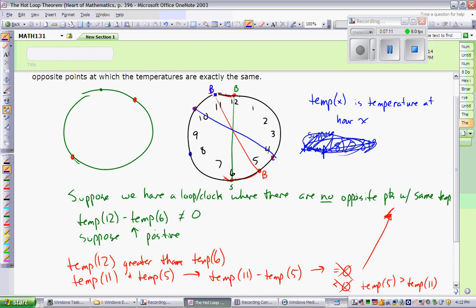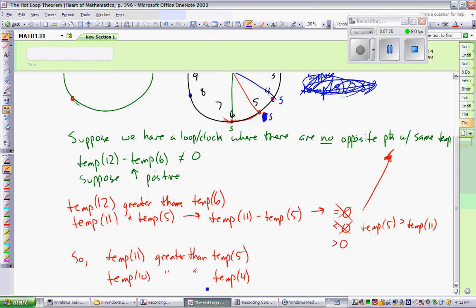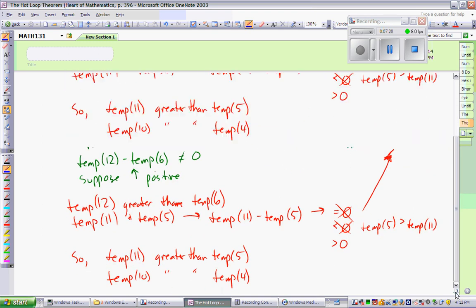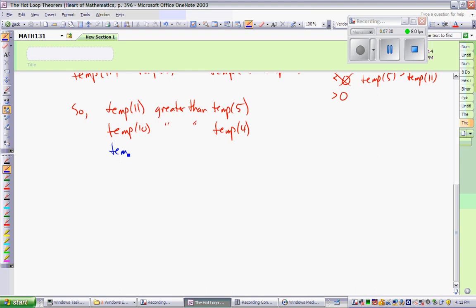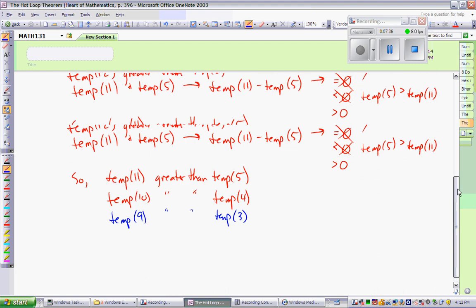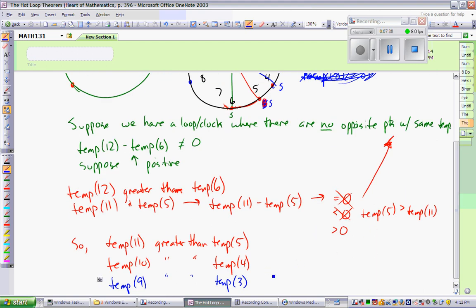We've said 11 has to be bigger and 5 has to be smaller, otherwise we have a contradiction. So similarly, 10 has to be bigger than 4, otherwise we have a contradiction. So temp 10 is greater than temp 4. Temp 9 must be greater than temp 3, otherwise we have the same contradiction.